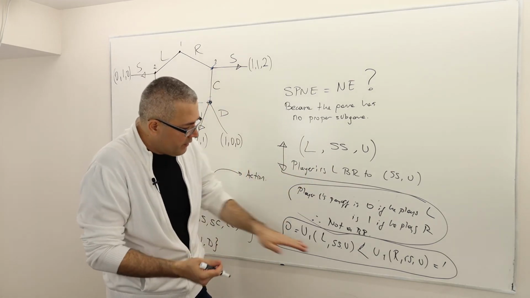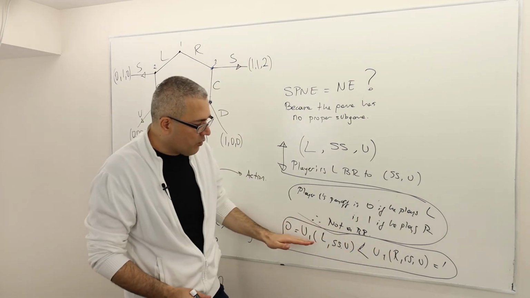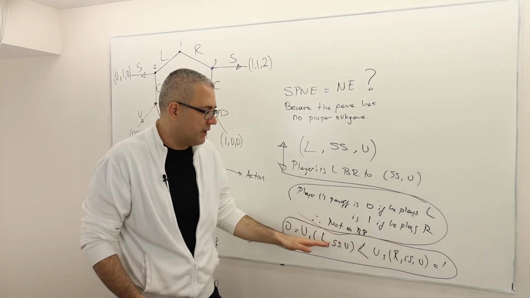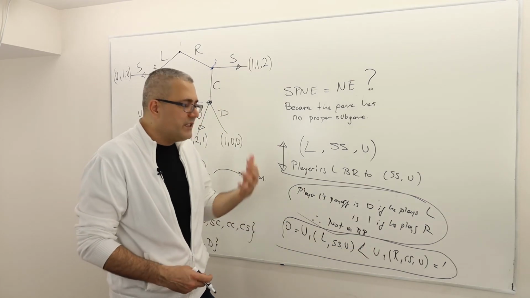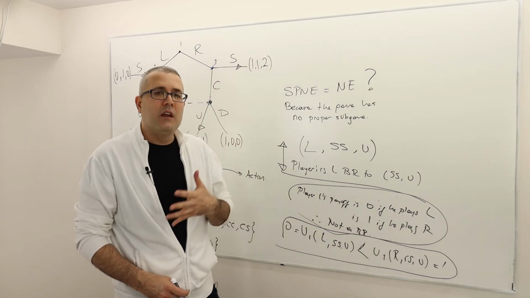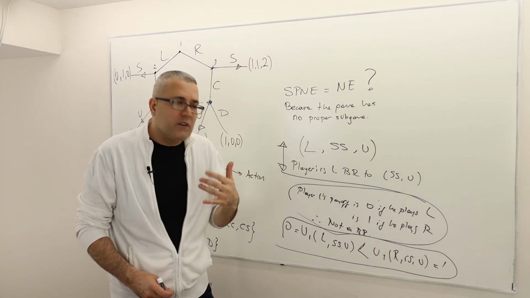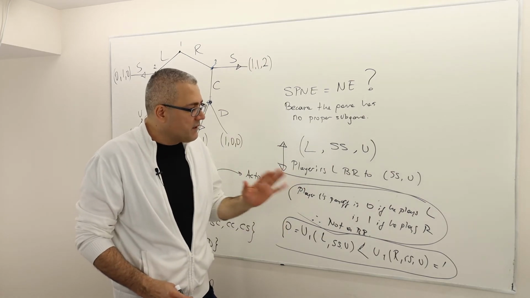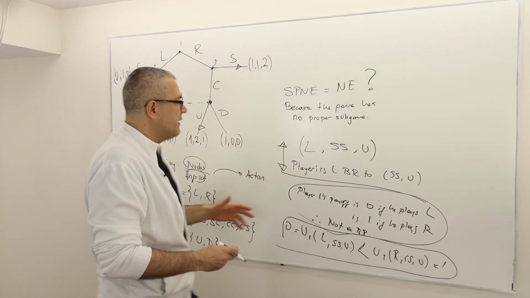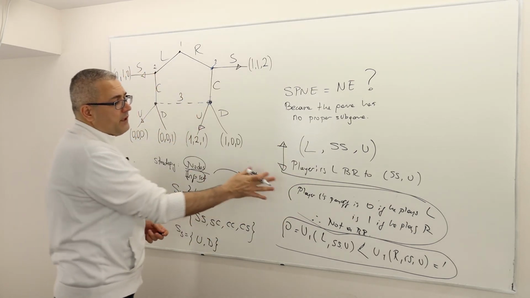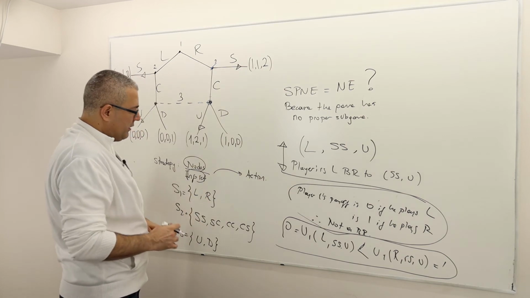Why is that? Well, because now I can see that you are fixing the other guy's strategy and checking the best response. You see what I mean? So I need to see that you are actually doing this best response business. But once again, you have to explicitly state that.